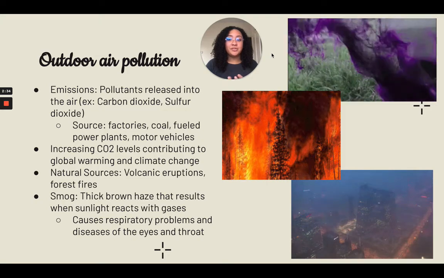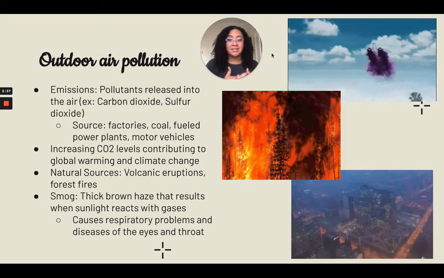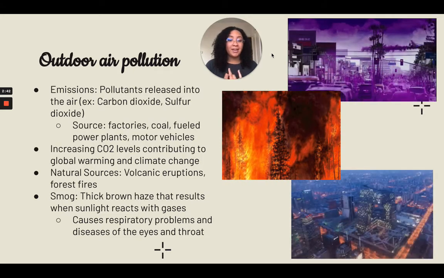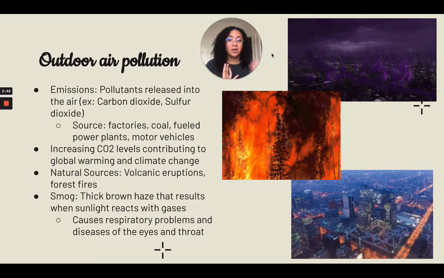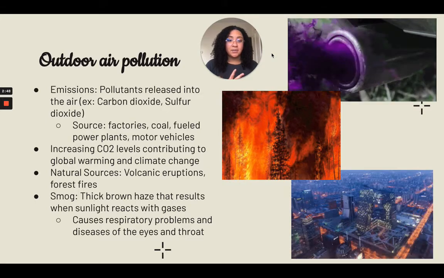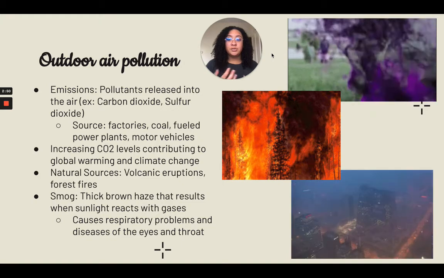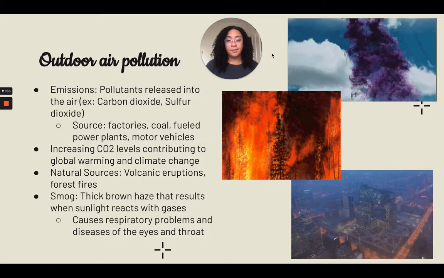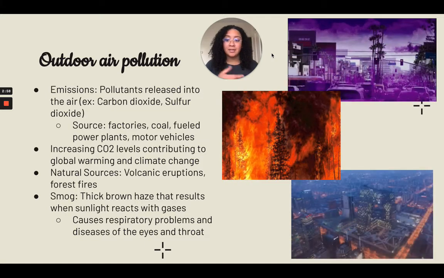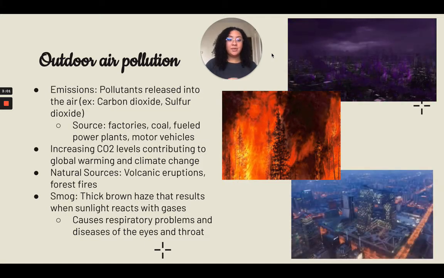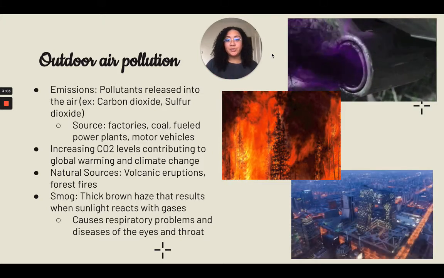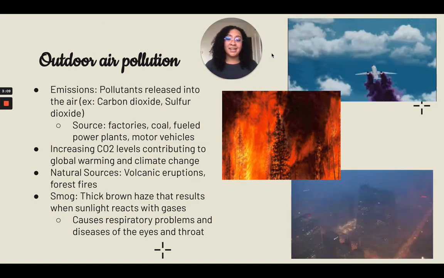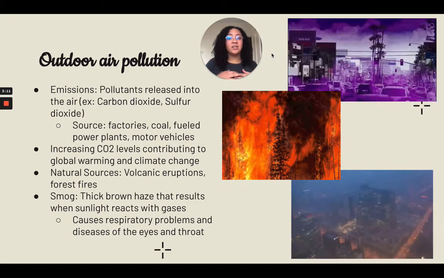But there's also some natural sources, so not human-made sources, that can contribute to this outdoor air pollution, and that's from volcanic eruptions. Okay, so those release carbon dioxide, and forest fires. Okay, so those two natural sources are also releasing emissions, but they aren't really developed from humans. Okay, and so when we see outdoor air pollution, we can typically think of that brown, thick haze over certain cities, and that brown, thick haze is called smog.